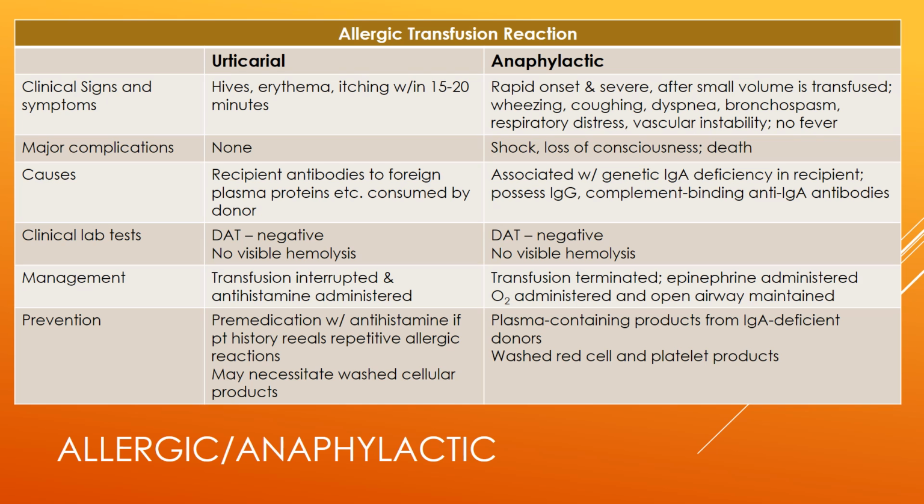If your recipient is allergic to, I don't know, peanuts, and your donor had peanuts or something like that, it is possible that you could trigger that response in the recipient. You can't really predict that one, but some of the allergens do end up in the plasma, and we have to be at least aware of that.